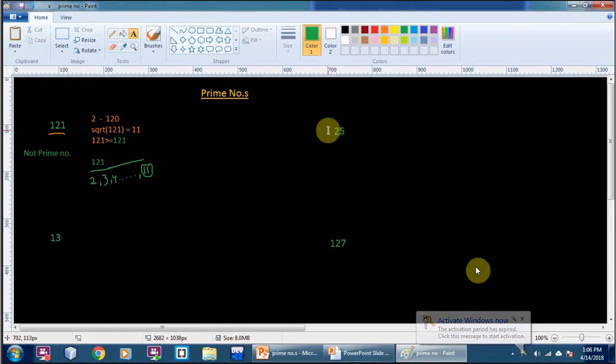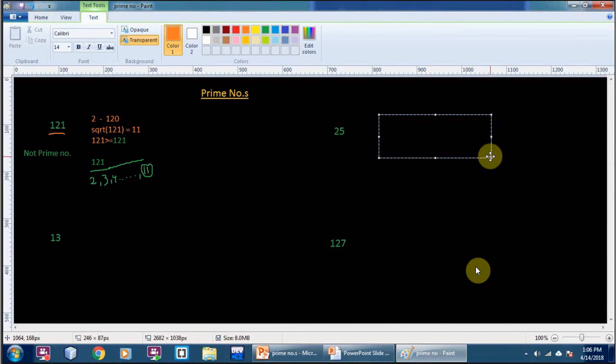Now I'm going to check 25. Again I'm taking the square root of 25, that is 5. 5 into 5, that is 25, the square root.